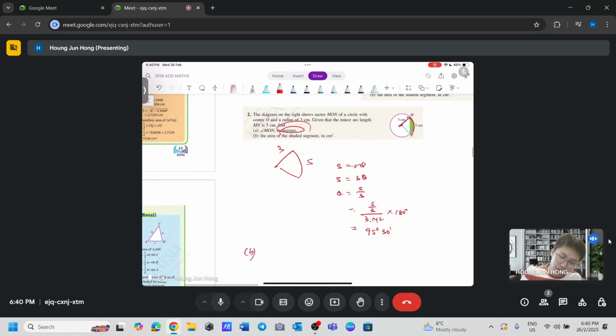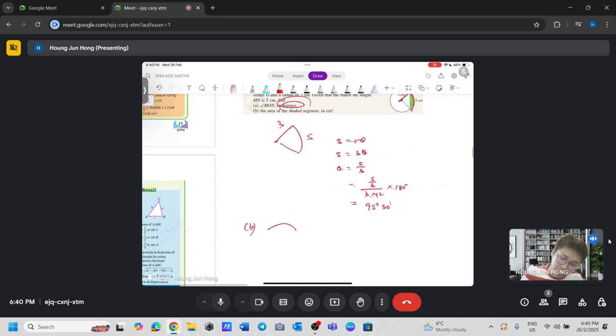Then moving on for the shaded region, again should be very simple. Find the whole thing. Half r squared theta, half 3 squared times 5 over 3. This is 7.502. Then triangle, half r squared sine theta. Just again reminder, this is a degree, this is a degree.